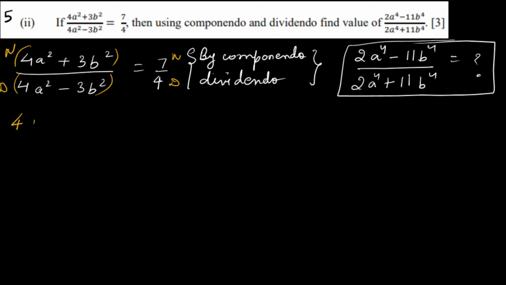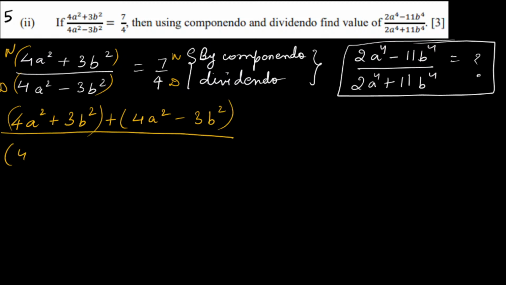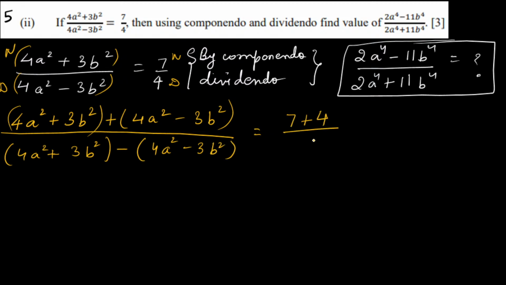So here we will get 4a square plus 3b square plus 4a square minus 3b square, then numerator 4a square plus 3b square minus denominator 4a square minus 3b square. So here 7 plus 4, numerator plus denominator, and 7 minus 4, numerator minus denominator.